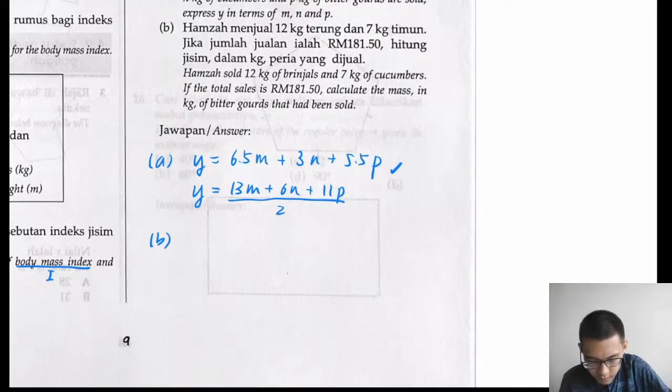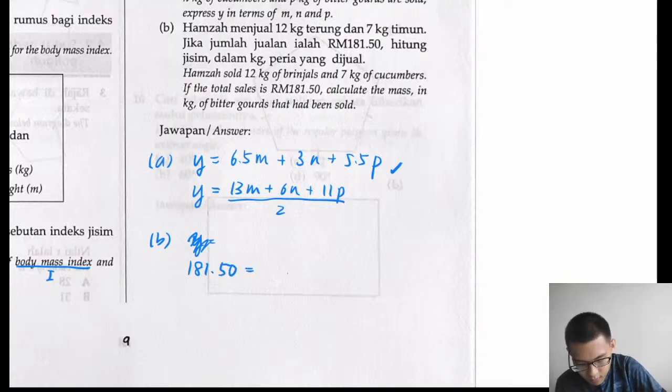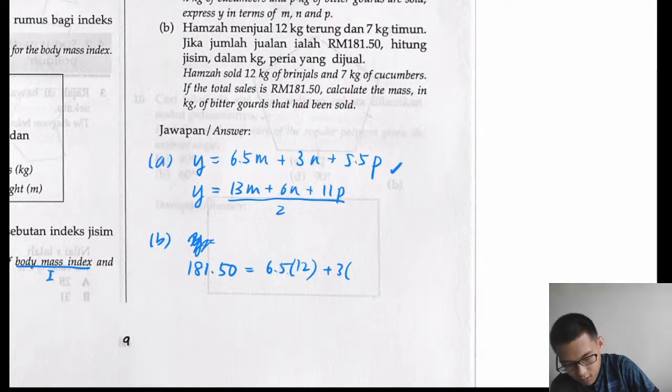If I just sold 12 kg and 7 kg of cucumber, the total sales is 108.5. I don't use 13, I use just now this one, 6.5 times 12 kg, plus 3 times 7 kg of cucumber.